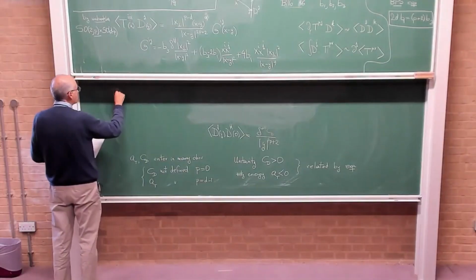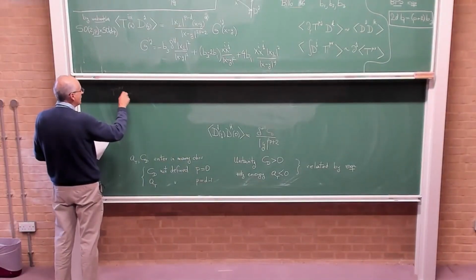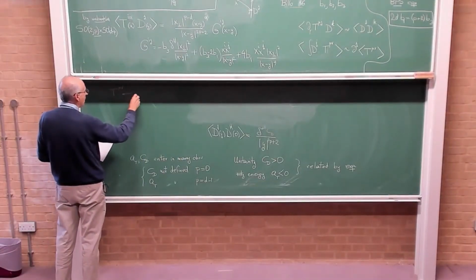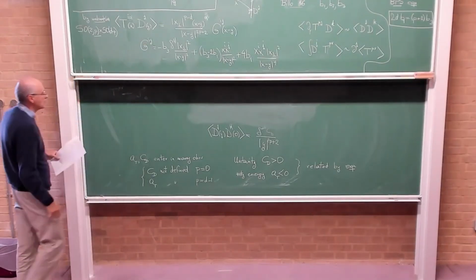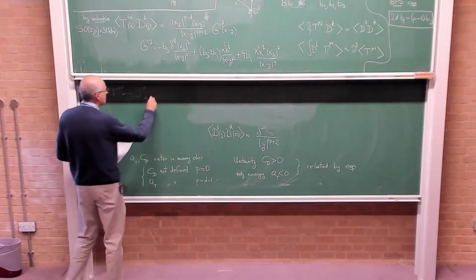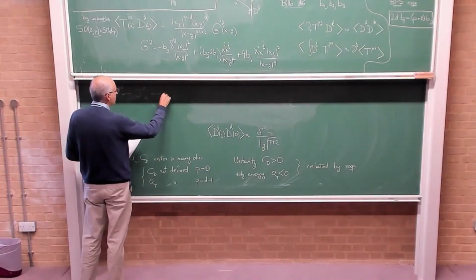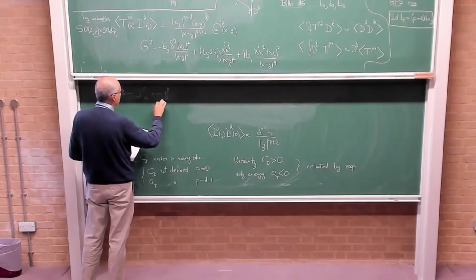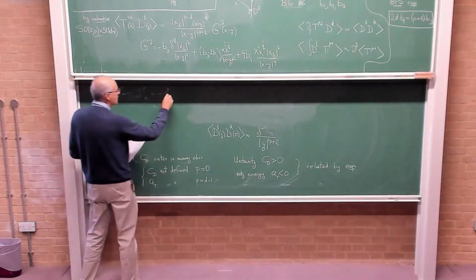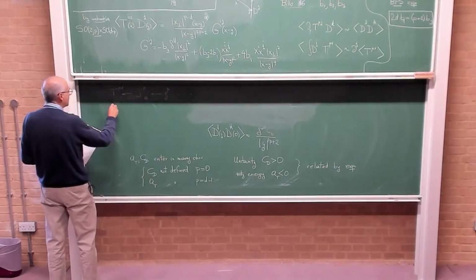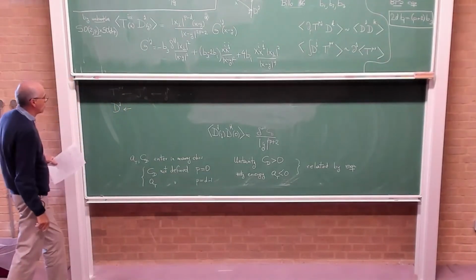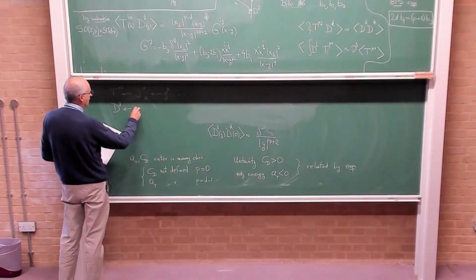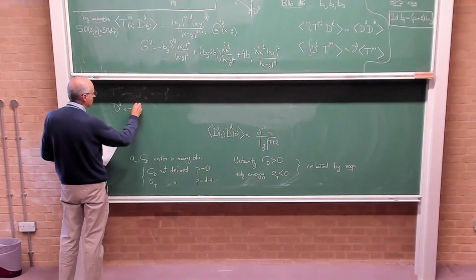T mu nu is the top component. Then what appears here are the supercurrents, J mu, with a spinor index, and they can also have an R symmetry index. Then you have the R symmetry currents. Again, I'm suppressing R symmetry indices. And the dj is also the top component, and then it has basically the dual to the Goldstino.